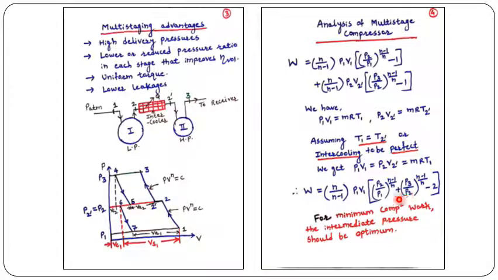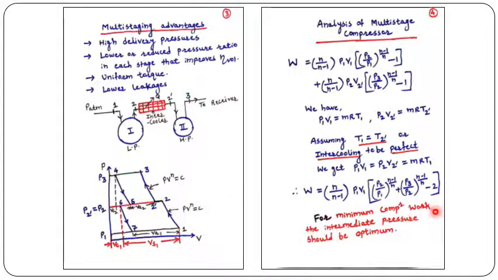So, for that, what I will do is I will differentiate work done with respect to P2 and equate it with 0. So, that I will get a condition for minimum work which is required for compression if you have two stages.